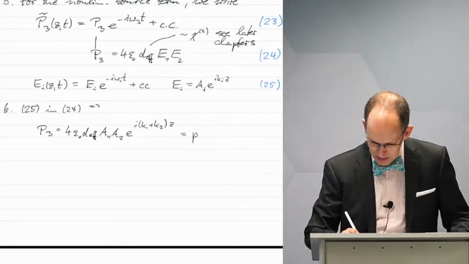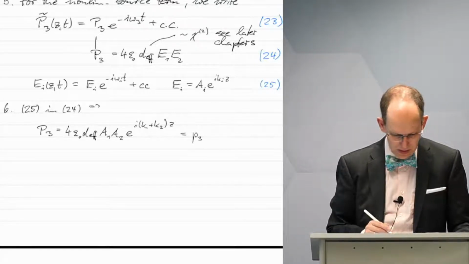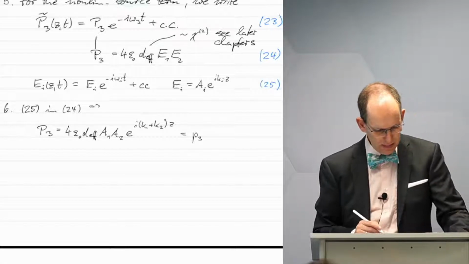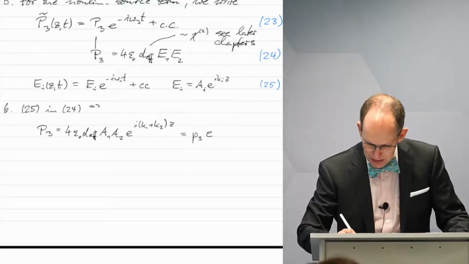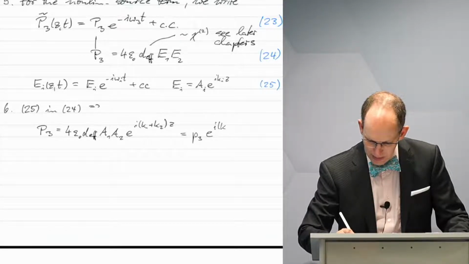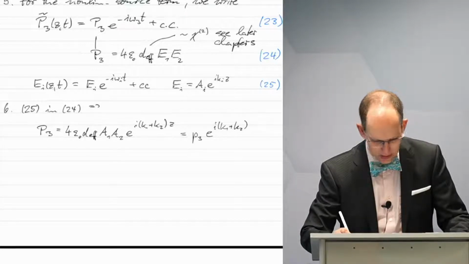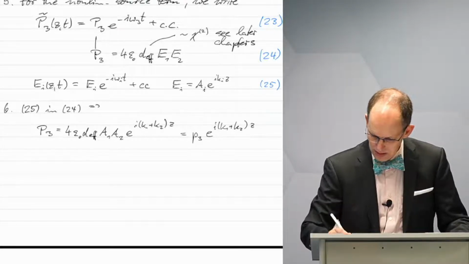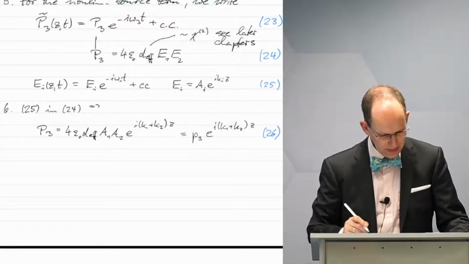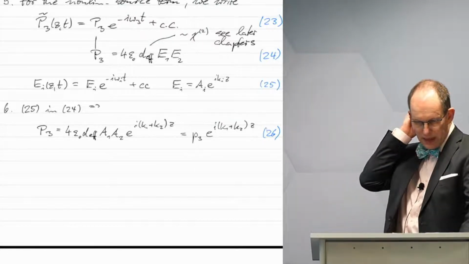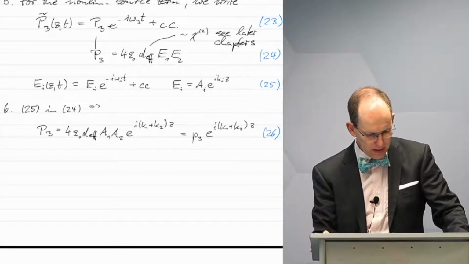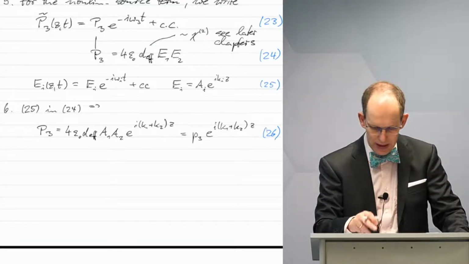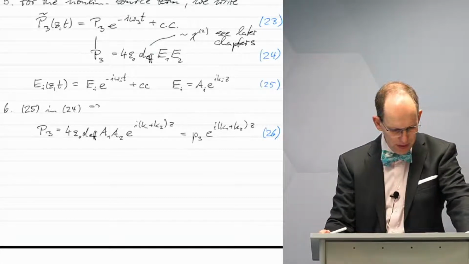Sometimes I abbreviate all these prefactors with P3, and then it would be P3 times e to the i (k1 plus k2) z. So that's equation 26. Okay, so what we want to do now is to substitute all this into our equation 20, so into our driven wave equation.